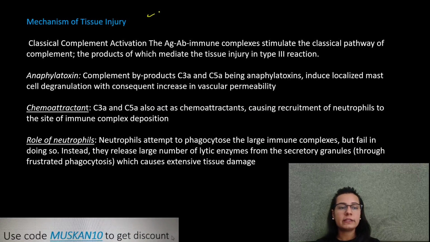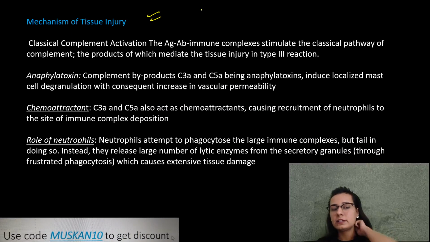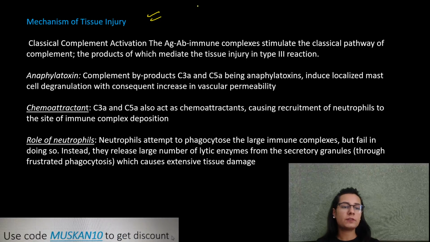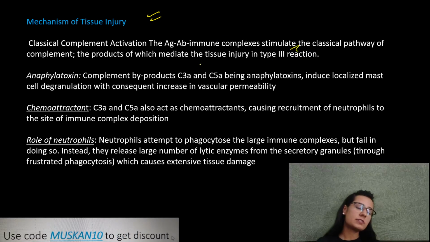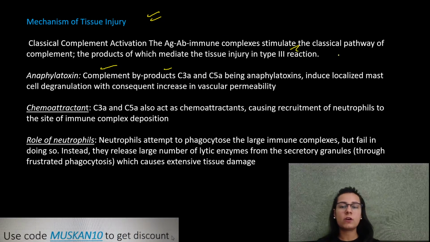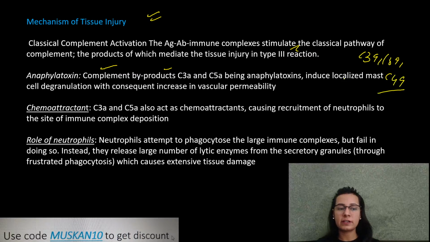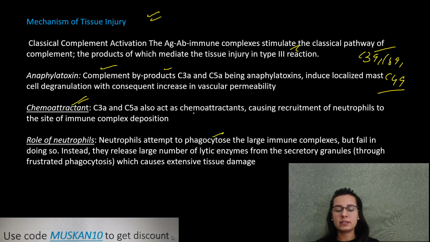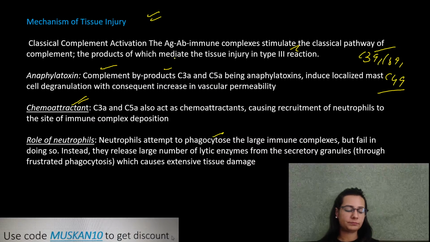Now the mechanism: we have seen that classical complement activation stimulates the classical pathway of the complement, and the products mediate the type 3 reactions. Anaphylatoxins, complement C3a, C4a and C5a, cause anaphylatoxin effects. C3a and C5a are also chemoattractants, and the neutrophils attempt to phagocytize the large immune complex but fail in doing so.